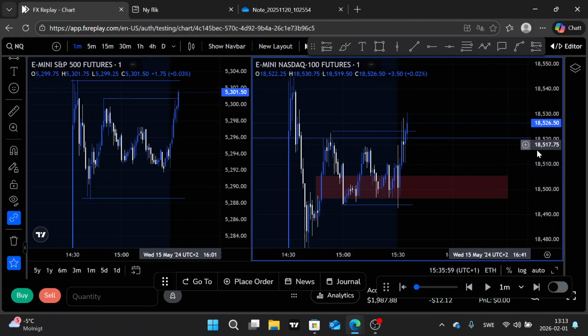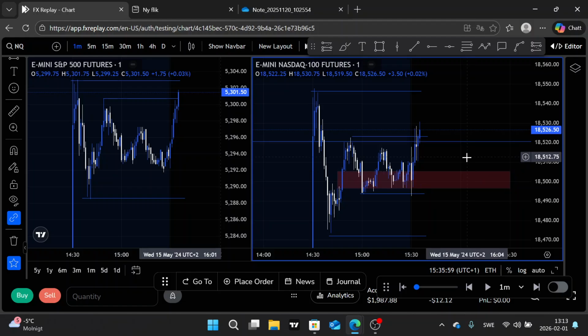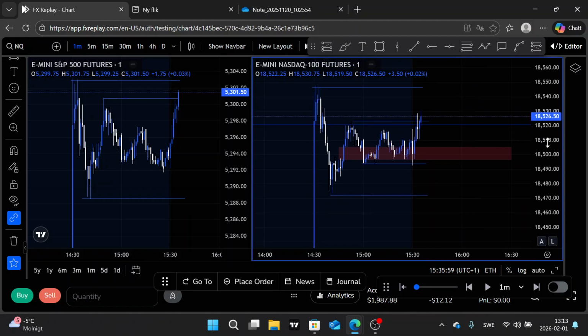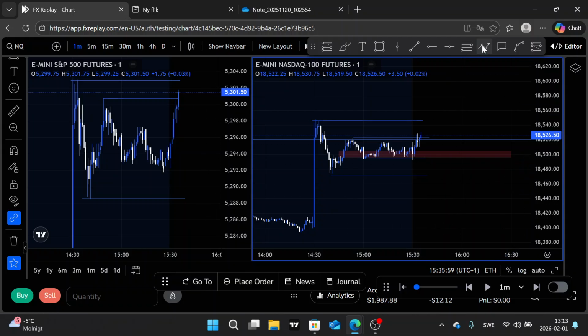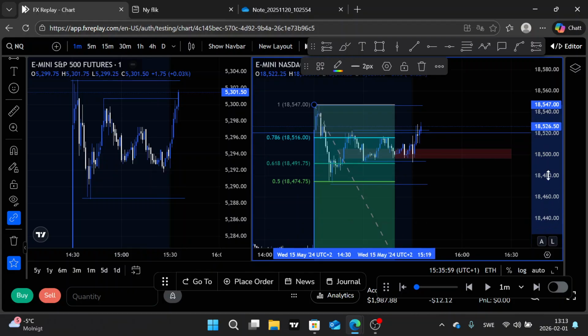Here we go. Where did price go here? To the equilibrium of this candle. Okay.